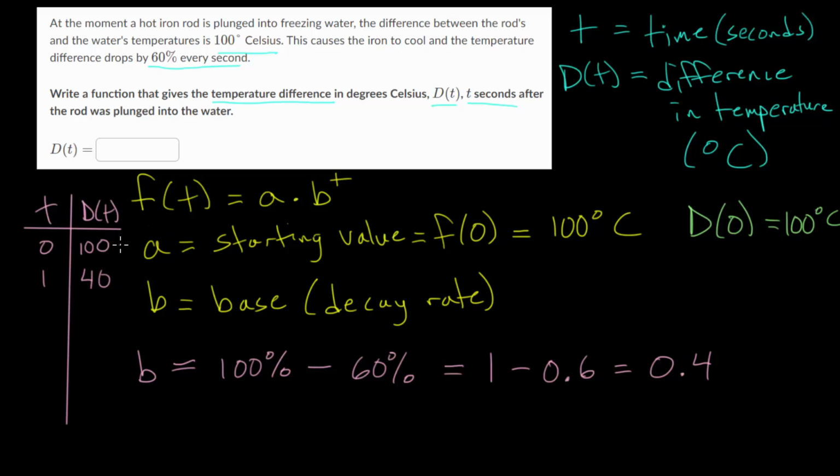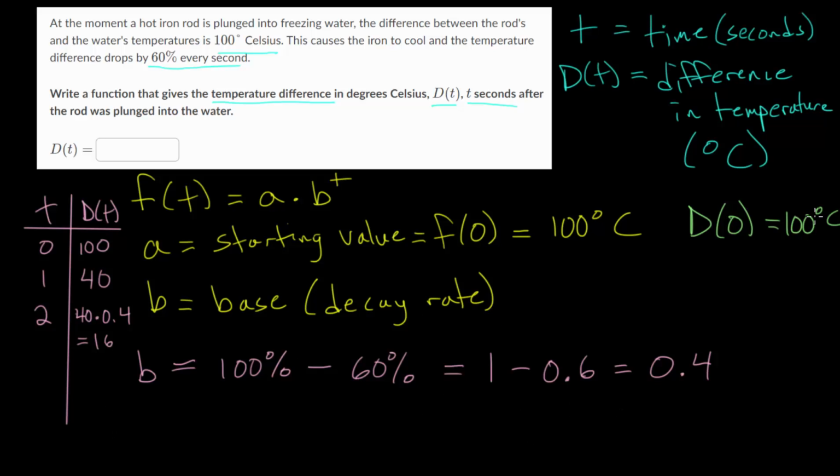And you can see that a 60% drop from 100 would drop it 60 degrees. So 40 does make sense in that case. And you can continue this table if we go 1 second further. You take 40 and multiply that by 0.4, and you'll get 16 degrees after that second. And to continue on, every step, you're just going to be multiplying by 0.4.